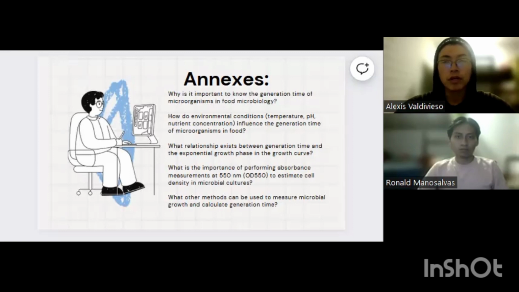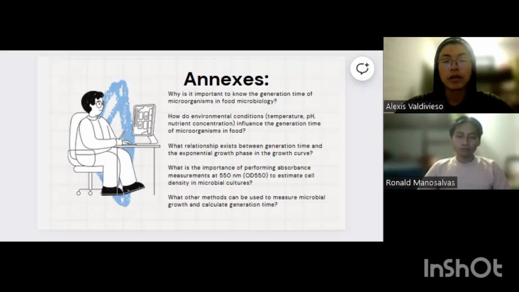4. Microscopic cell counting. Direct counting of microbial cells using a microscope and a counting chamber or hemocytometer. By counting cells at regular intervals, one can estimate generation time. 5.